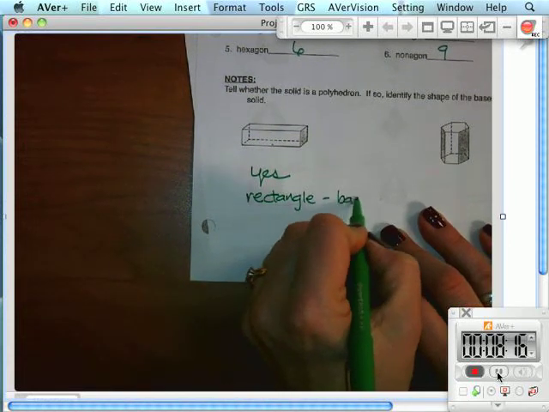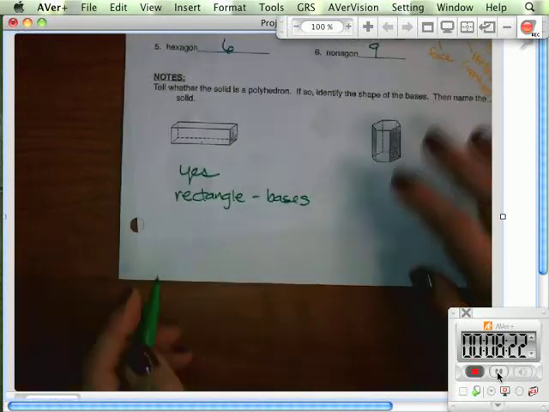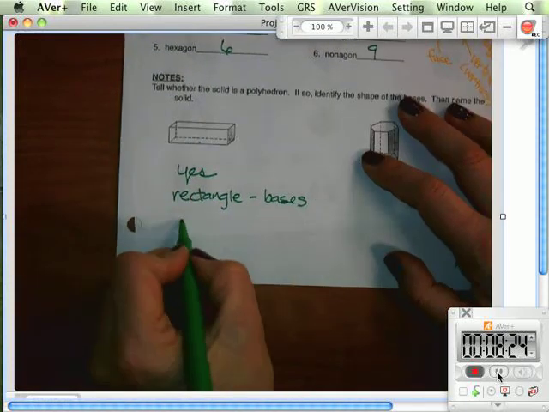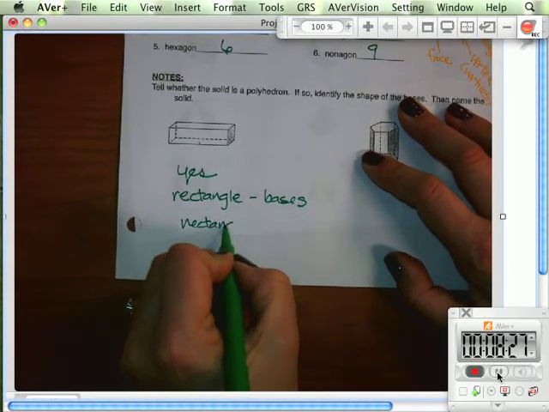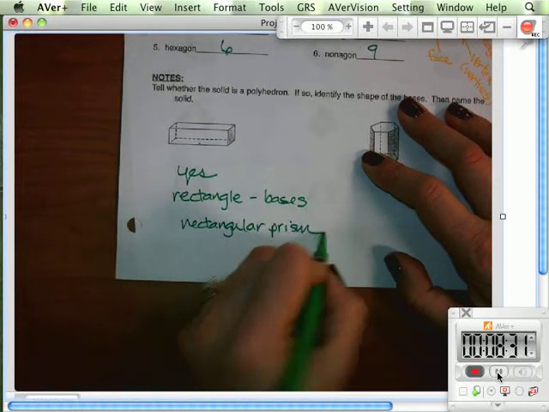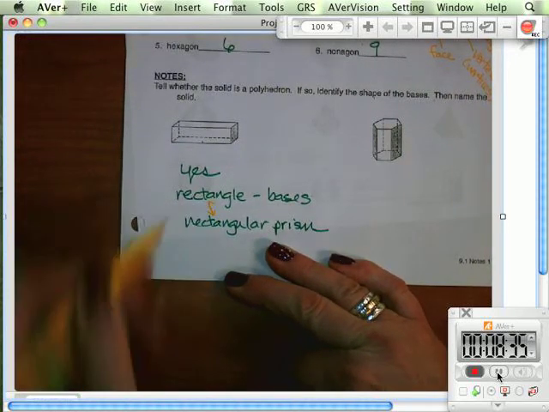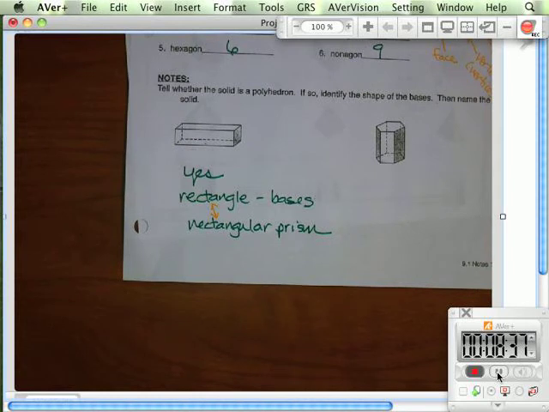How would we name this shape? If the base is a rectangle, it is a rectangular prism. What I want you to notice is that we named the base a rectangle, and that's also part of the naming of the shape. Whatever the base is, it's part of the name.